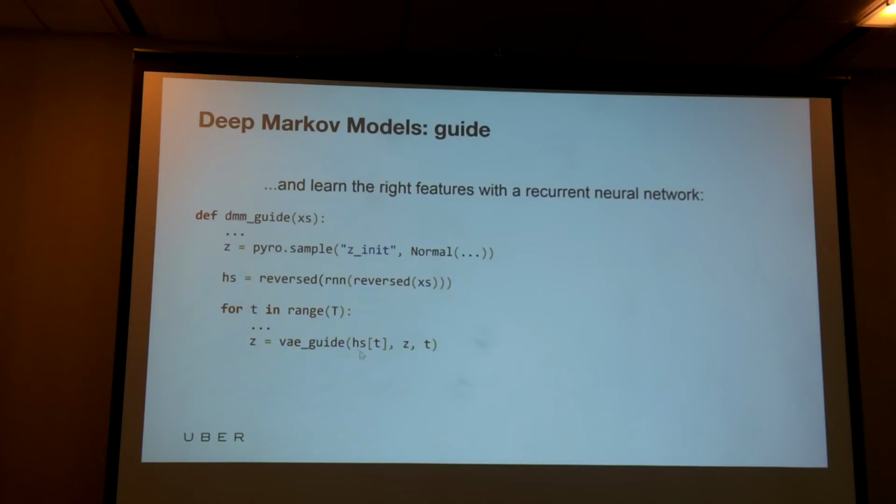And now, instead of a data point X being passed in to the per time step VAE guide, we'll pass in the features that the recurrent neural network computed for that time, which now has information about the entire sequence. And again, you see we pass in the time step T to compute a unique name for the Z, the latent code. So the models compose.